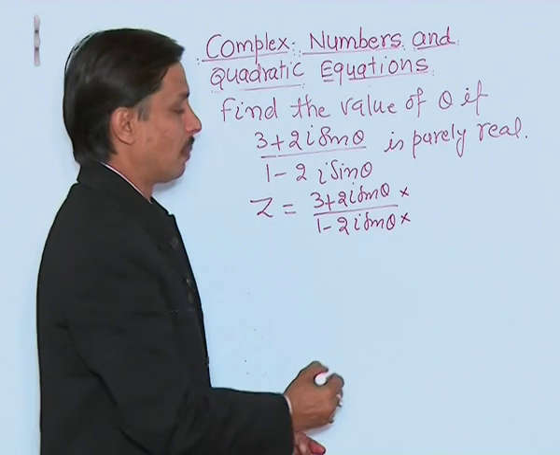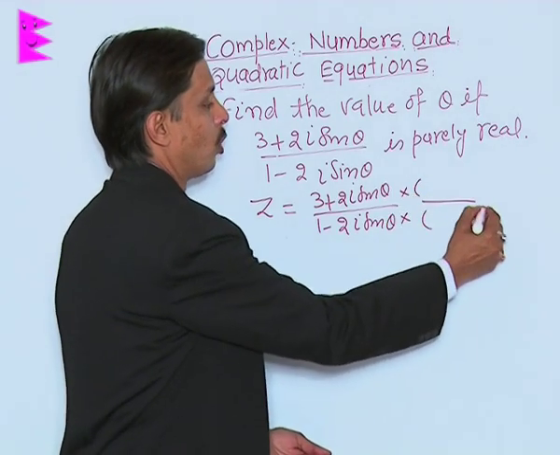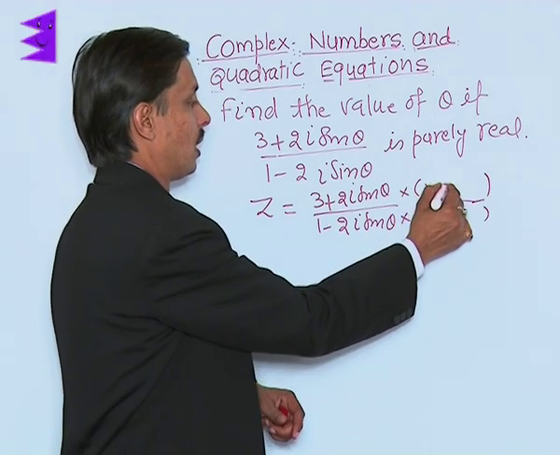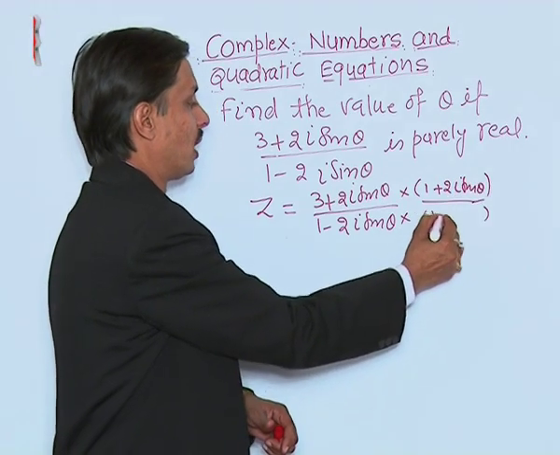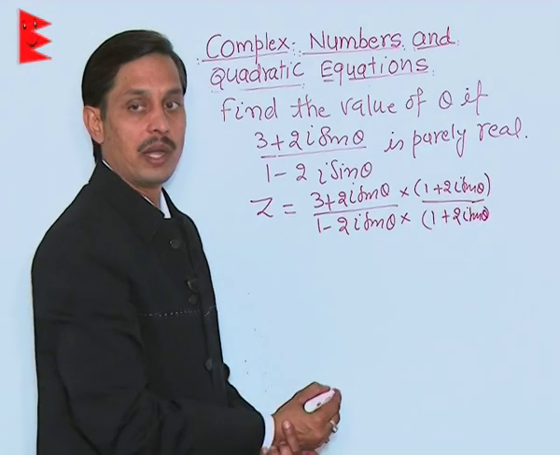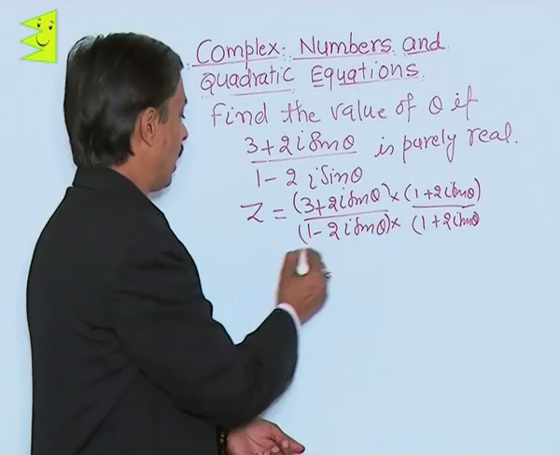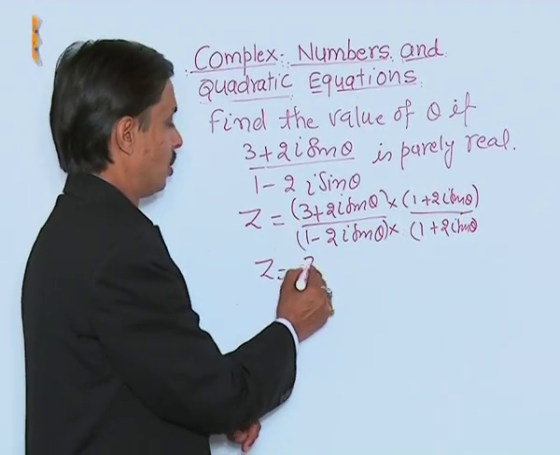If it is multiplied, numerator and denominator both, by the conjugate of the denominator, that is 1 + 2i sin θ, multiplied to the numerator and to the denominator. After multiplication, the value of z is coming as 3 into 1, that is 3.